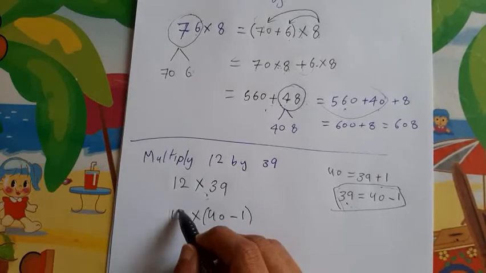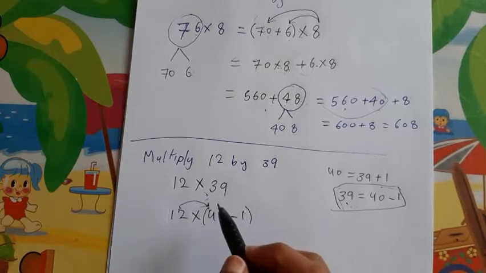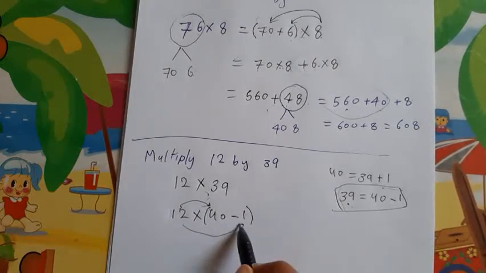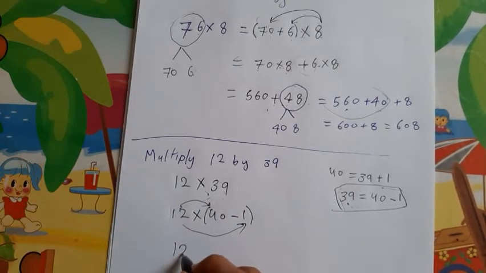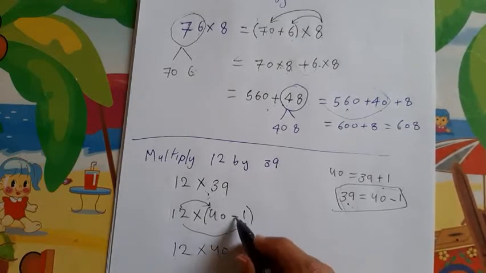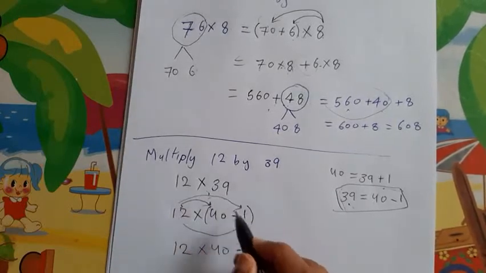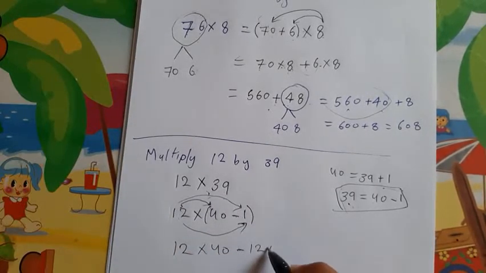Now I'm going to multiply the 12 by the 40 and the 12 by the 1. So it's going to be 12 times 40 minus 12 times 1.